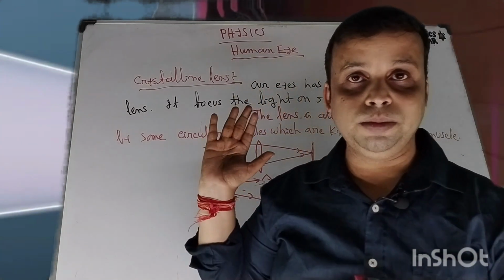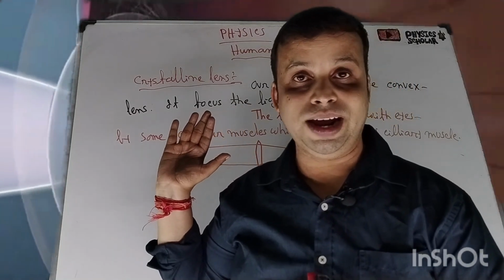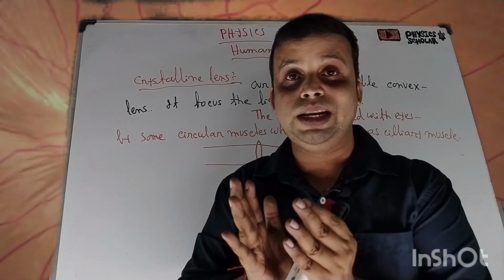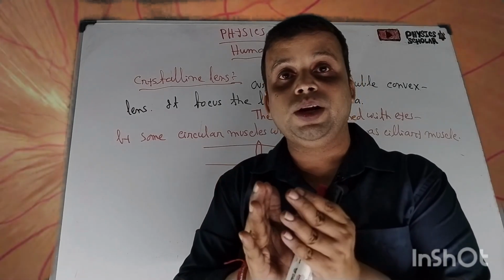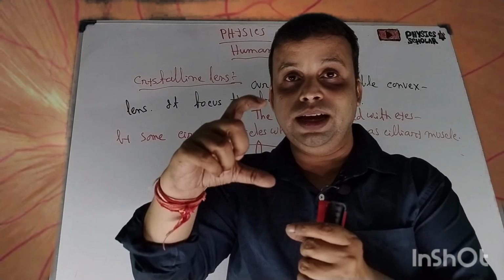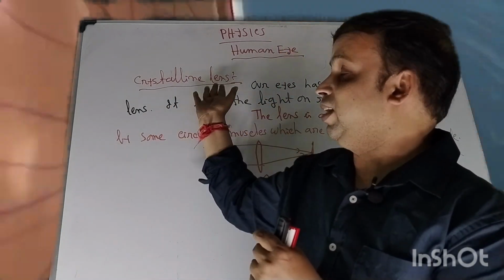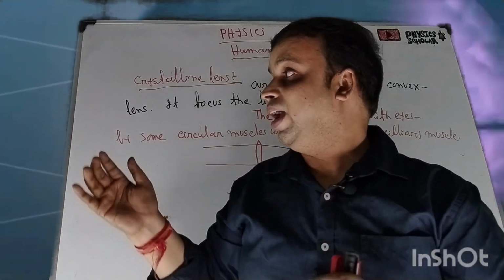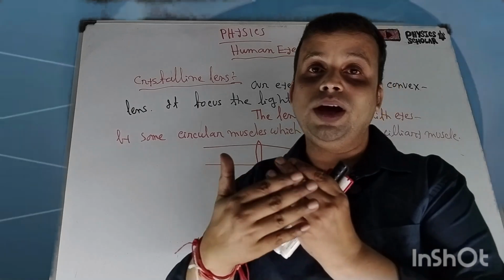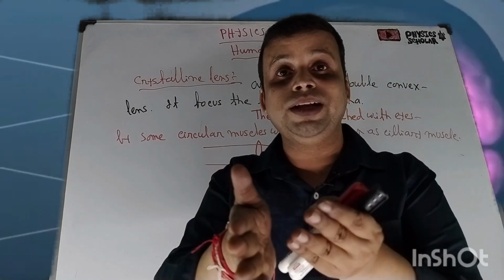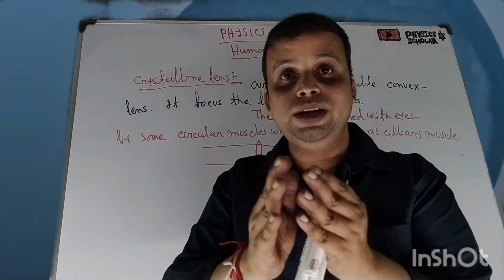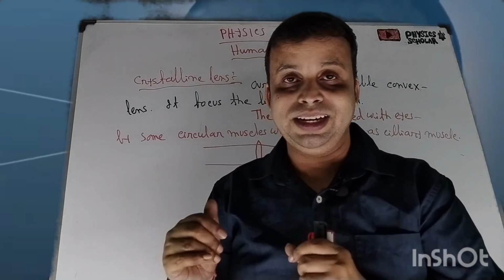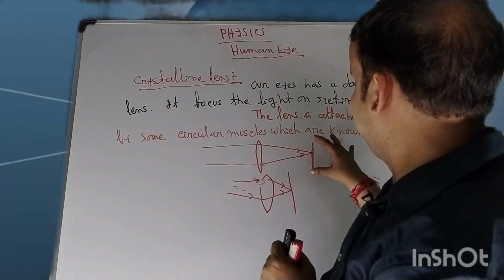The eye lens is a convex lens of our eyes, held by circular-shaped muscles known as ciliary muscles. By the contraction or relaxation of the ciliary muscle, the aperture of the lens will increase or decrease, that means it will be thicker or thinner. When it is thinner, the focal length will increase and the converging power will decrease. When it is thicker, the focal length will decrease and the converging power will increase, so that the image is always formed on the retina.